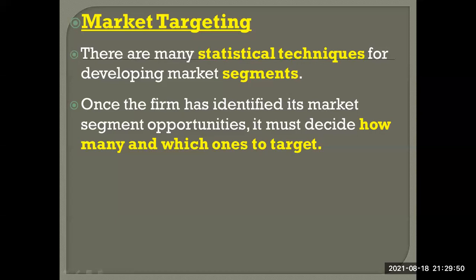With its two wheelers, Yamaha is targeting customers who like more technology or technically oriented bikes. And in the luxury class segment, Royal Enfield is targeting customers who want bullet-like two wheelers. So we have to decide how many and which segments to target.